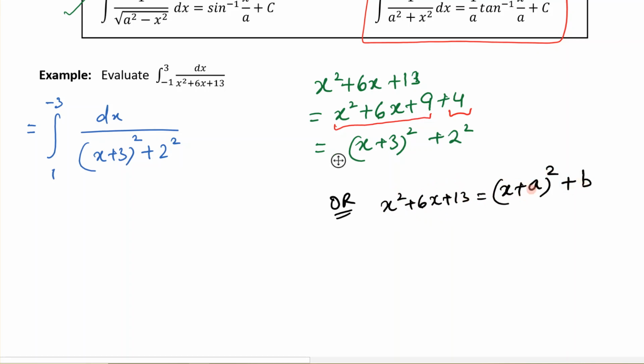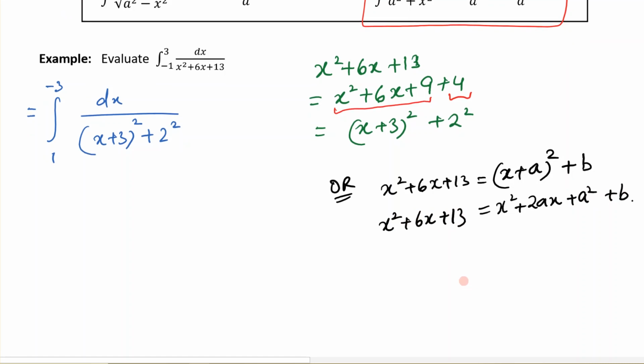And now our goal is to find the value of a and b. For that, first we expand x plus a whole squared, so that would be x squared plus 2ax plus a squared plus b. So in this case, we see that we have two quadratic expressions that are equal. So we equate the coefficients of like terms.